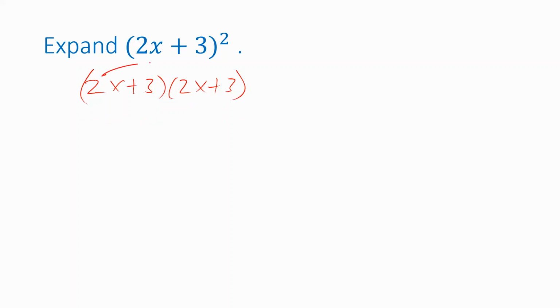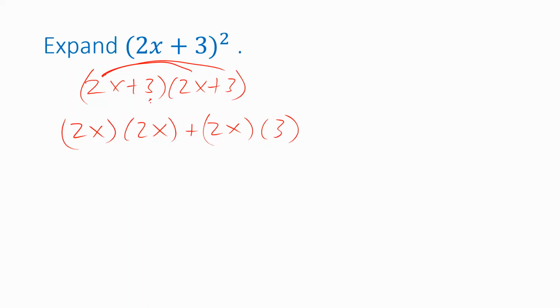So this 2x has to multiply this other 2x. This 2x also has to multiply this plus 3. This 3 has to multiply the 2x in the second set of parentheses. And this 3 has to multiply the 3 in the second set of parentheses. All my distribution is done.